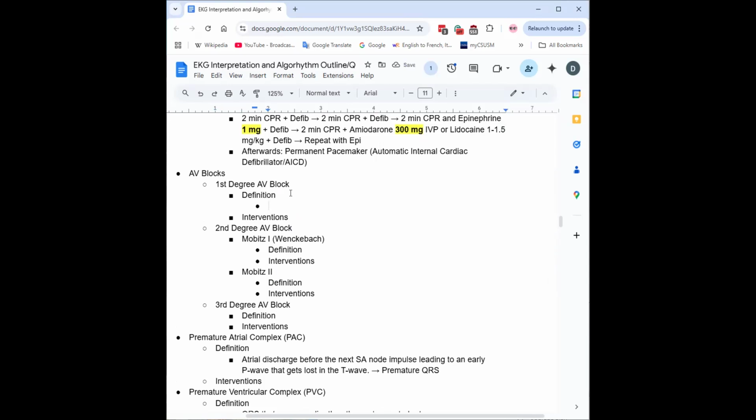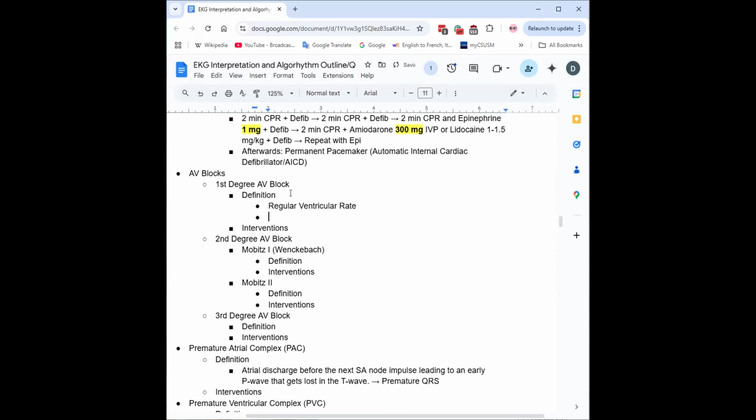So this does in fact have a regular ventricular rate. What is a defining feature of a first degree AV block? Yeah. In particular, the PR interval is prolonged.